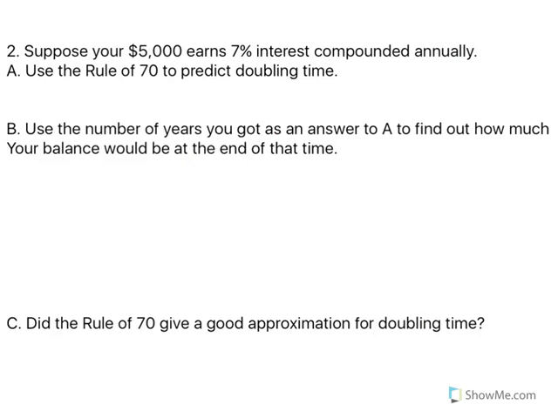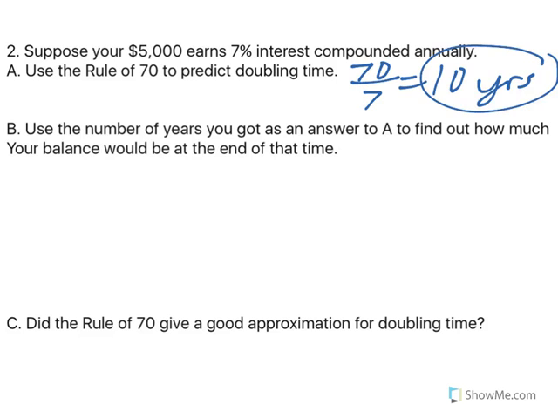Now in number 2, suppose your $5,000 earns 7% interest compounded annually. First, let's use the rule of 70 to predict doubling time. Well, 70 divided by the percent gives me 10 years. We are saying that our money will double in approximately 10 years. So, in part B, let's use our compound interest formula to figure out if that's true.